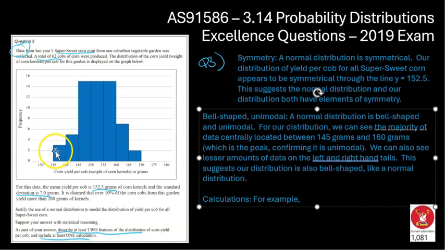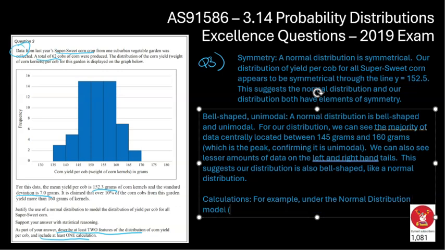So if it's a normal distribution, this observed data should be roughly the same as the probability from the normal distribution model. For example, under the normal distribution model, and I'm going to write mean equals 152.3, and then standard deviation, what was that, 7 grams.